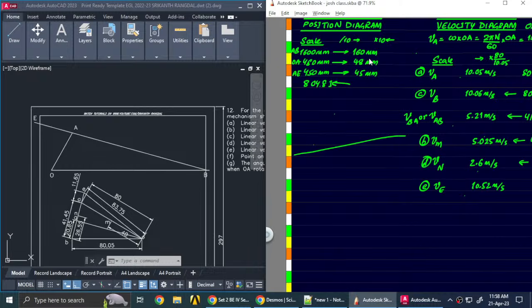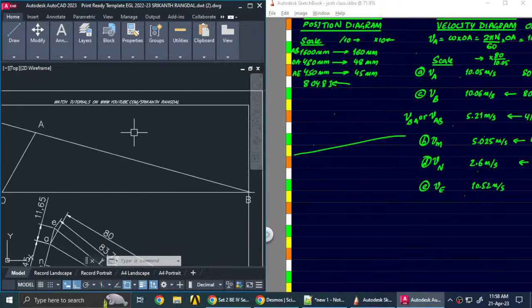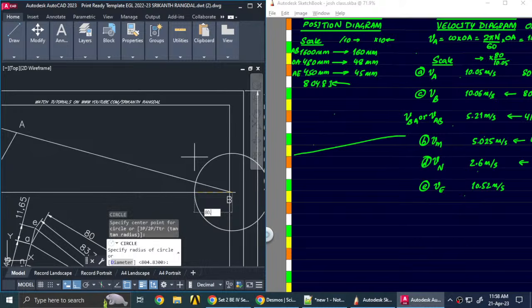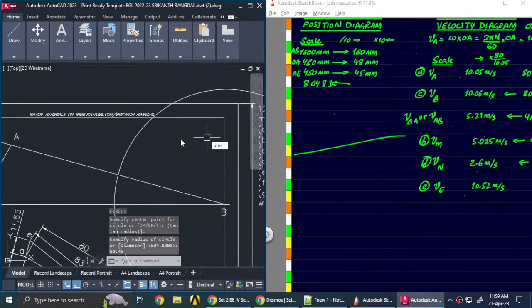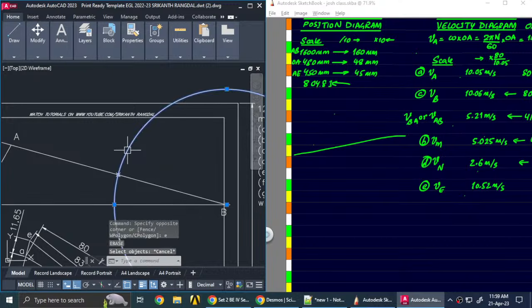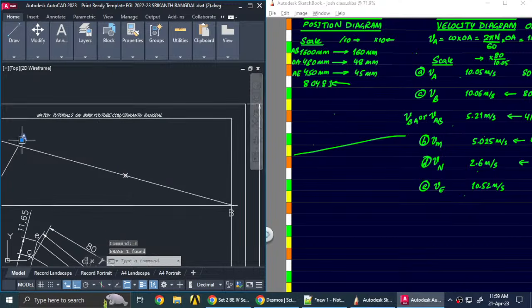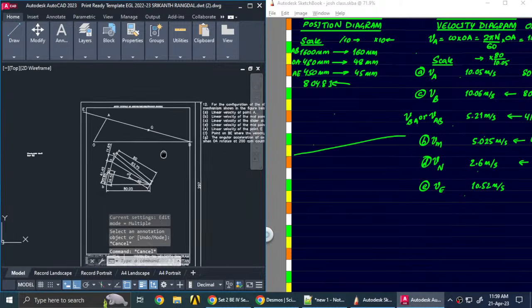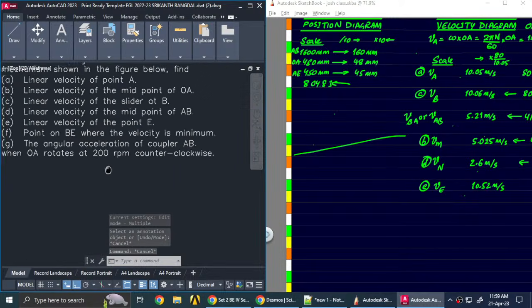So divided by 10, we get 80.48. We need to draw 80.48, and this point is the point G. This is the point G where the velocity is minimum.